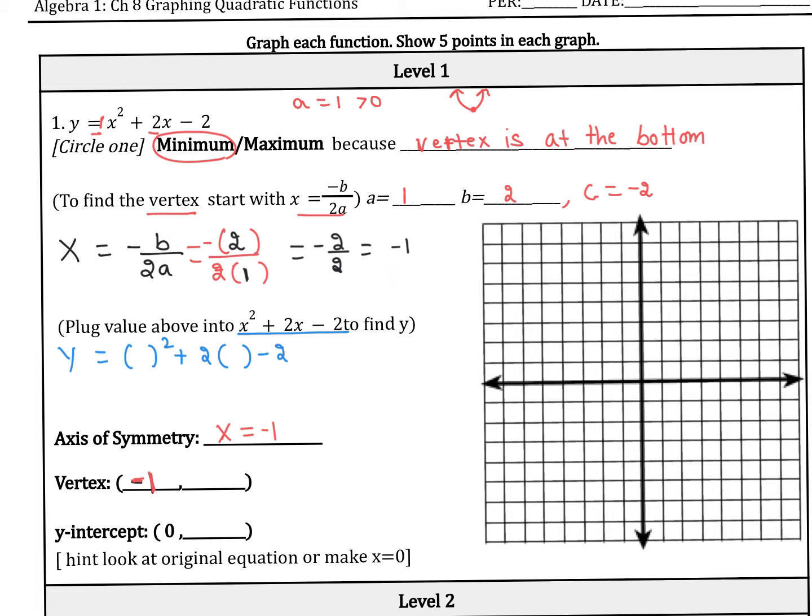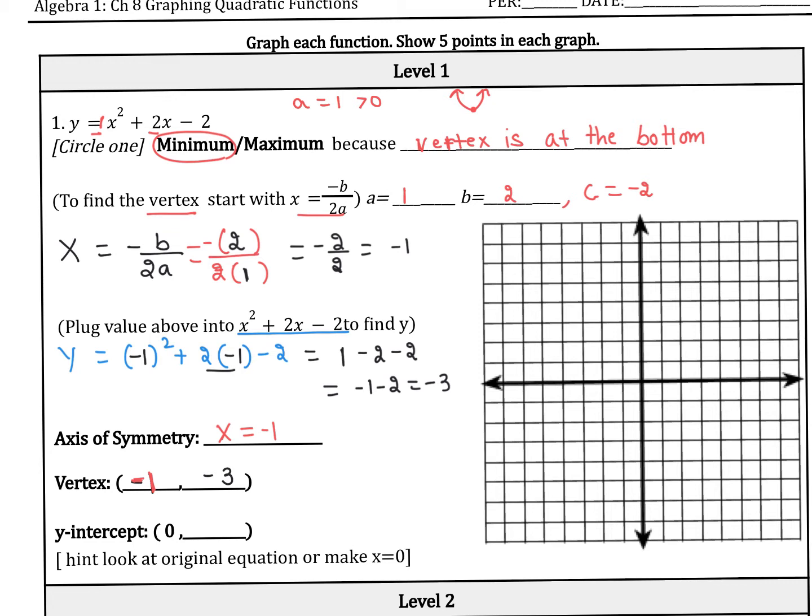So negative 1 goes into these brackets, and you get negative 1 squared, that is 1. 2 times negative 1 would be negative 2, minus 2. 1 minus 2 minus 2 is negative 3, so the vertex is negative 1 comma negative 3.